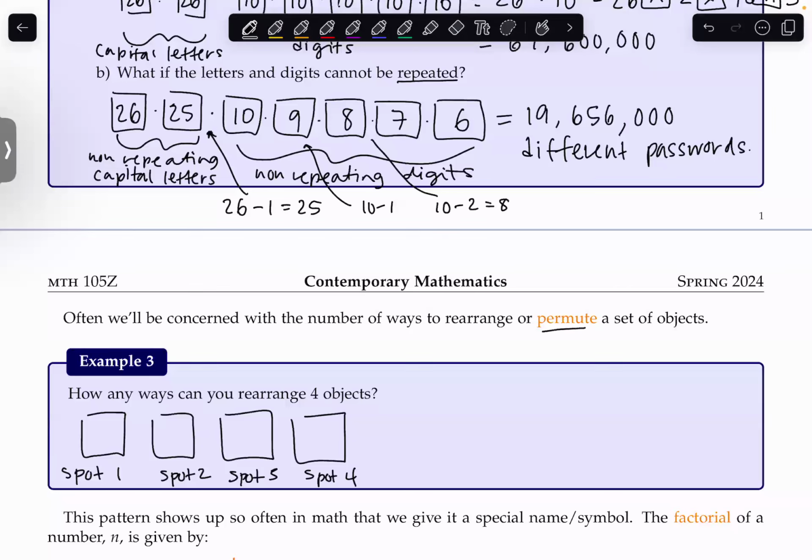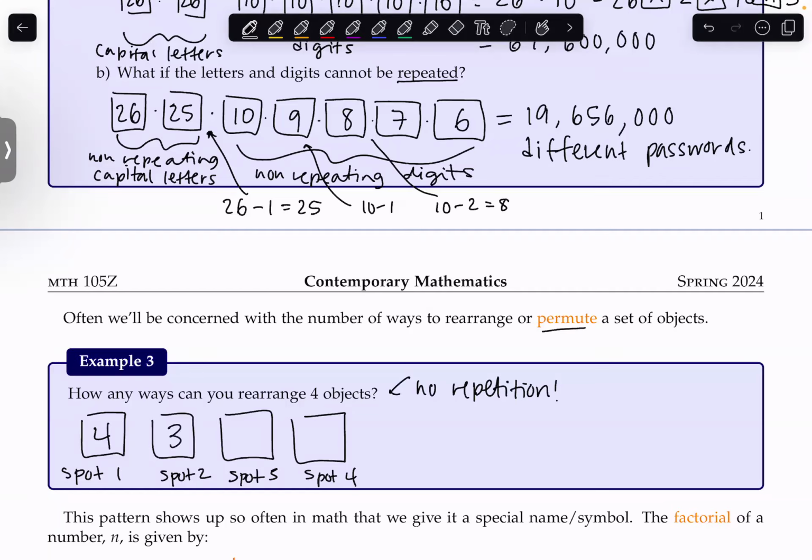So here, if I figure out my first spot, I have 4 objects possible. But I want to rearrange all these 4 objects at once. So really hidden behind here is that there's no repetition. This is saying the object that I chose for spot 1 can no longer be chosen for spot 2.